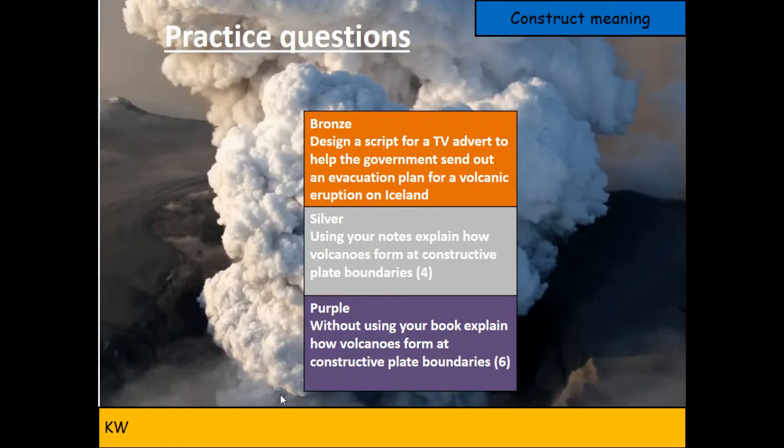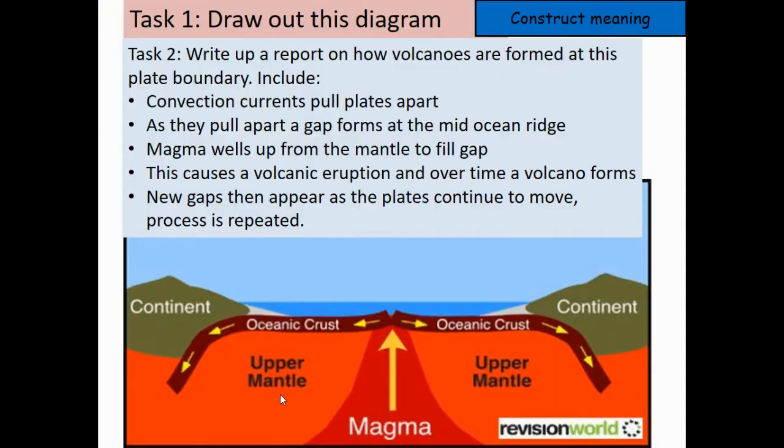So what I want you to do is I want you to do silver here, or purple, not bronze. Again, I pulled this from another lesson. Using your notes, explain how volcanoes form at constructive plate boundaries. I want you to tell me how, using this, a volcano would form.